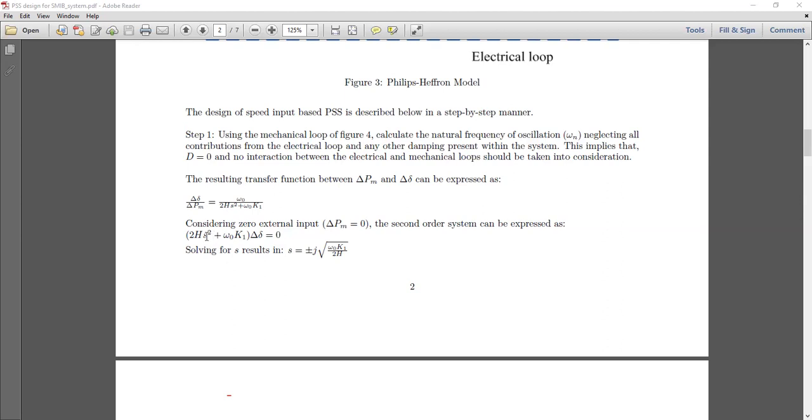This is a second order polynomial, so it would give you two roots. By the nature of the equation, it seems that both of them should be complex. The general expression for the roots is plus minus j omega naught k1 divided by twice of H. So this is s, the root for the mechanical loop that we have got.